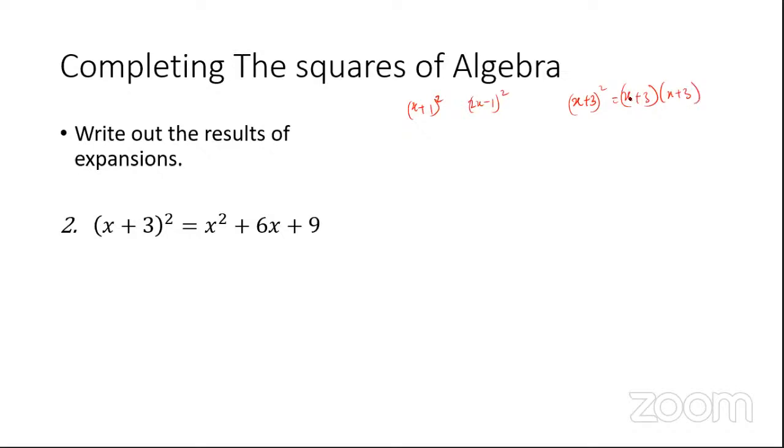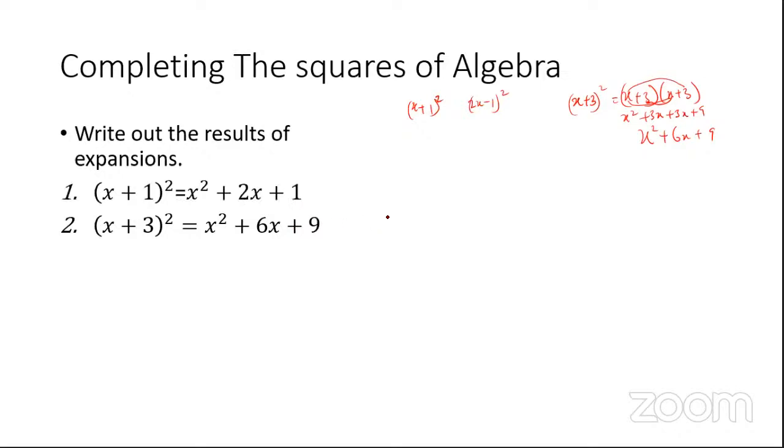By the time we are expanding that, x will multiply x, it will give you x squared. That same x will multiply 3, it will give us 3x. This 3 here, we also multiply by x, to give us 3x. And then this 3 times 3 will give us 9. So at the end of the day, you see it as what? x squared plus 6x plus 9. So that is what you have here.